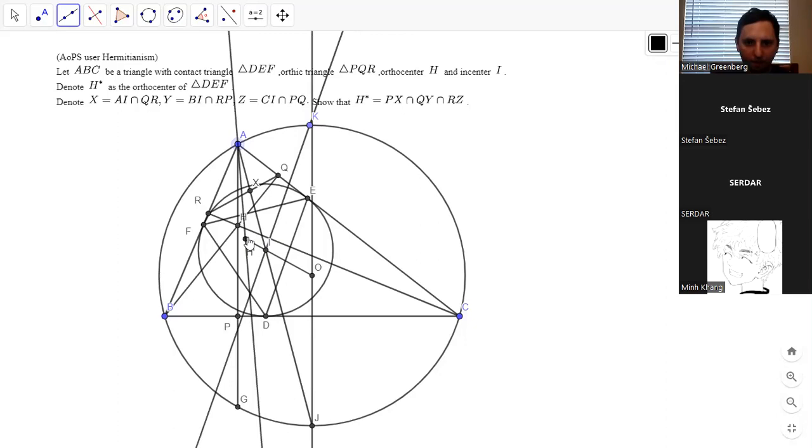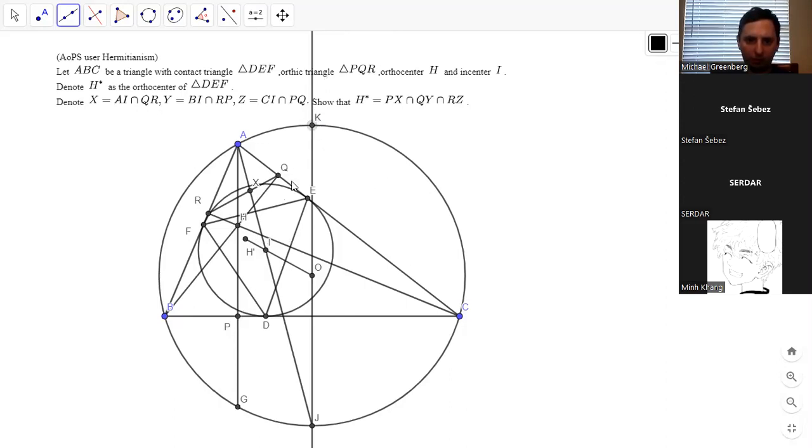Well, if you intersect DH prime with the incircle and name it, for example, Q, then AQ passes through that point, not AH prime. Oh, if you intersect what with the circle? Actually, no, it's not, I guess.